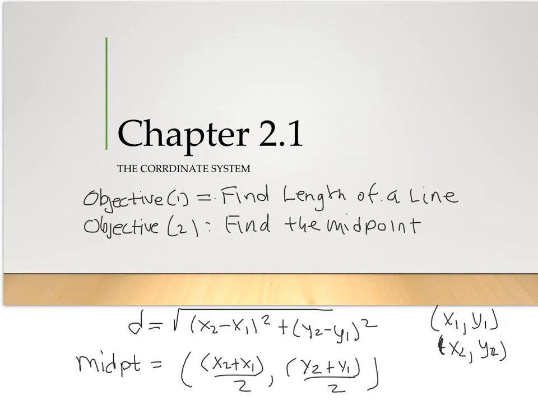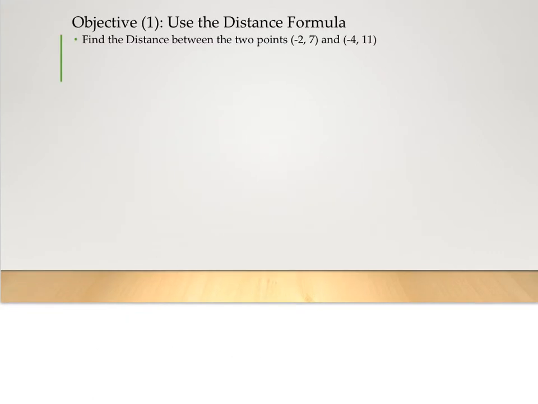Now we're going to apply them. So in an application problem, our first objective is to use the distance formula to find the length between 2 points. So we want to find the distance between 2 points, negative 2, 7 and negative 4, 11. Now I would like you to try to do this on your own, so please pause the slide.